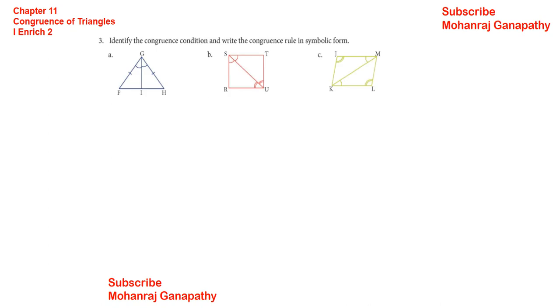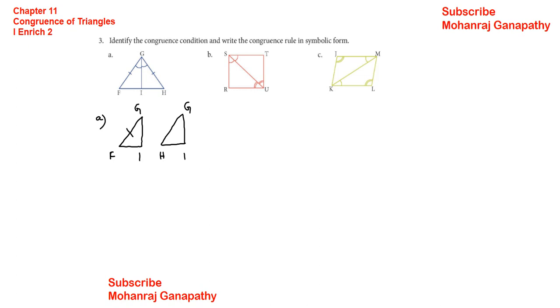Third sum. Identify the congruence condition and write the congruence rule in symbolic form. First sum: let me split the triangle into two. G, F, I. Okay, I am drawing the second triangle with respect to the first one: G, I, H. Now, for comparison, it is very easy.